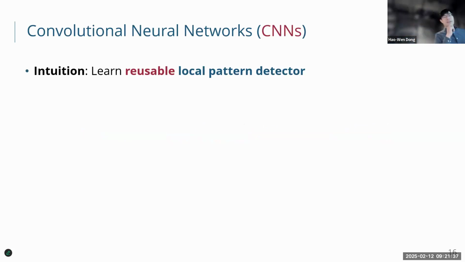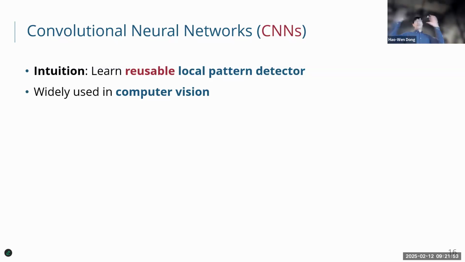Cool. So for CNNs, the high level intuition is to learn reusable local pattern detectors. What does that mean? This is widely used in computer vision. You look at images, you see circles, faces, different features that just happen again and again. Think about the human face.